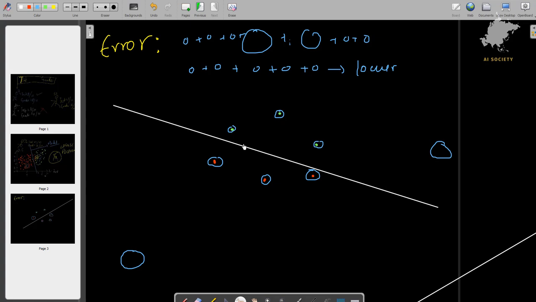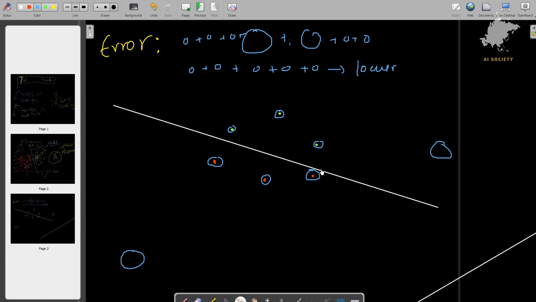But in general, when we consider this sum, the sum gets smaller since we have correctly classified points that were misclassified before. This sum is going to get lower and lower, because we are giving a penalty to the misclassified points, and every time we make that sum lower.